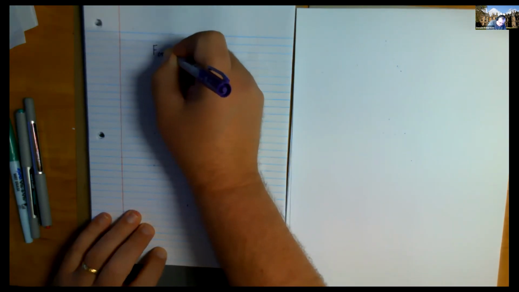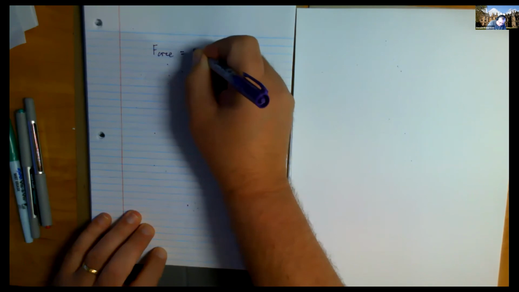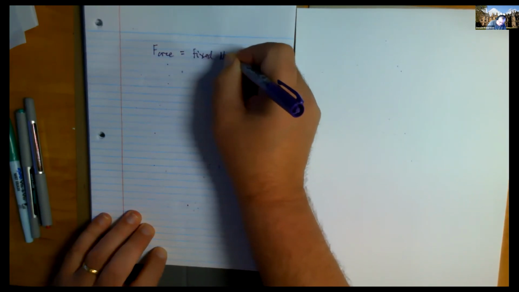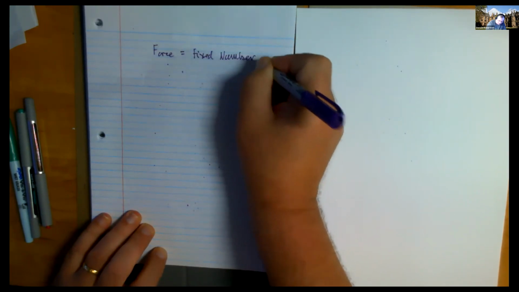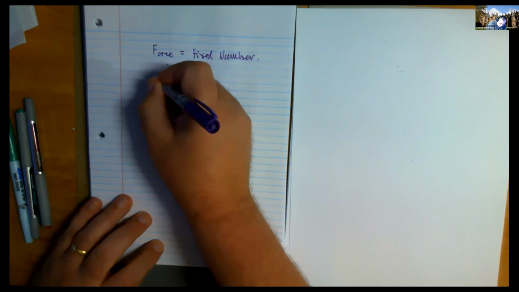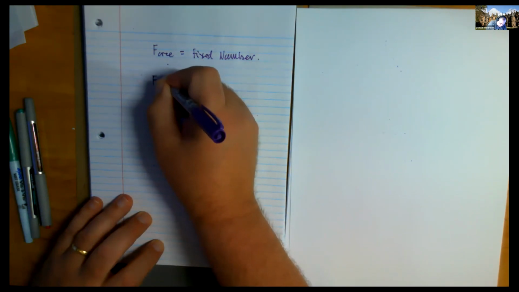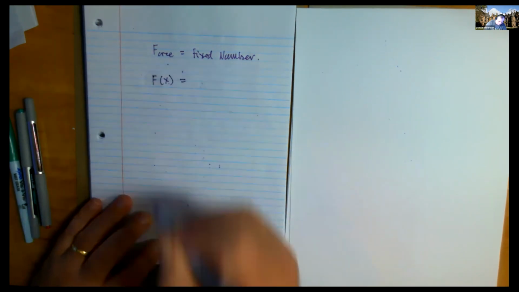Okay, so let's move beyond the kind of straightforward one and say, right now, in these questions, force has been a fixed number. Right, it was 5 pounds or it was 5 kilograms times 9.8, it was a fixed number. But what happens when force varies with position?